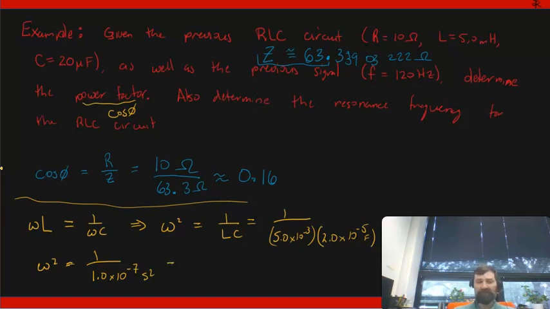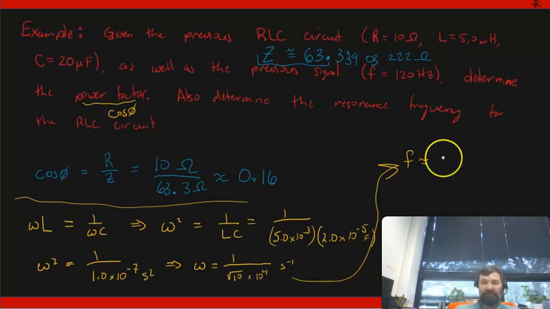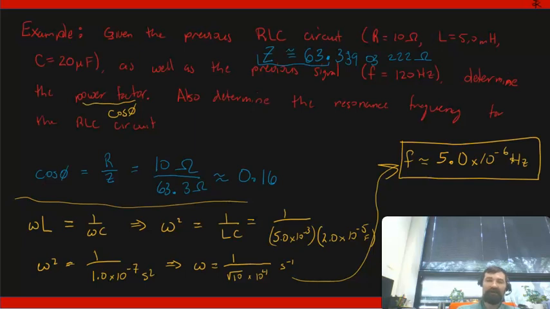And so omega is 1 over the square root of 10 times 10 to the 4 inverse seconds. If I want the frequency f, then I have to divide that further by 2 pi. What I end up getting when I do that is about 5.032 times 10 to the negative 6 hertz. So that is the resonance frequency for my circuit.